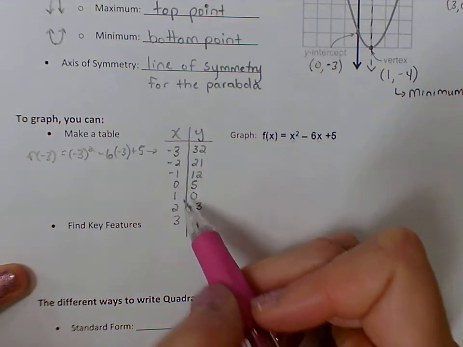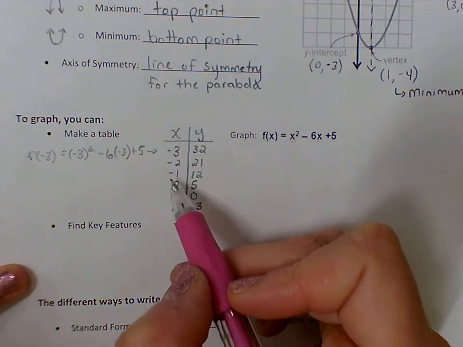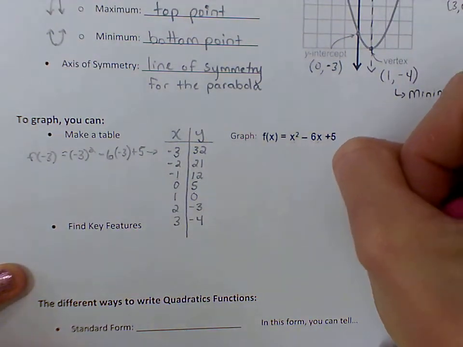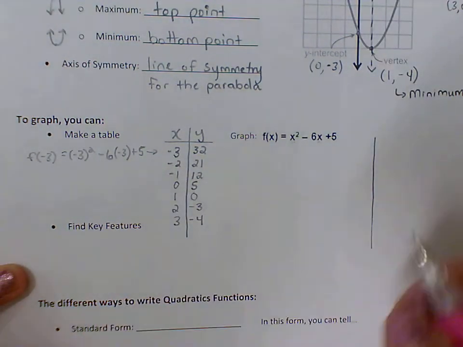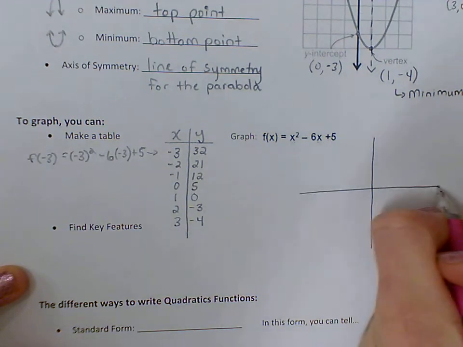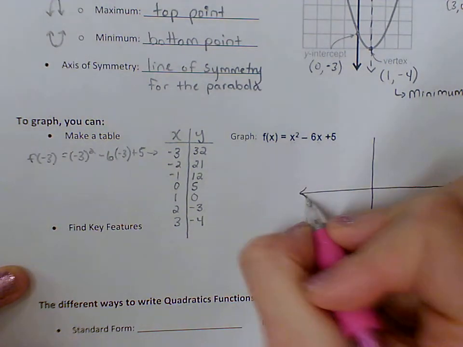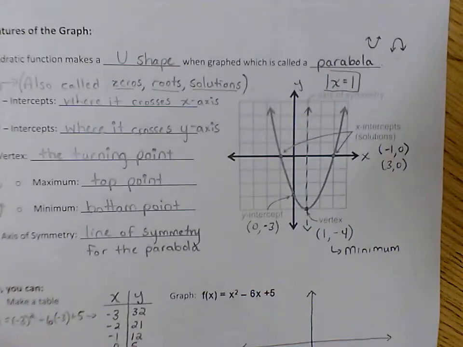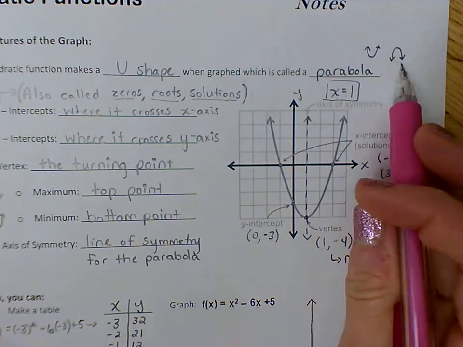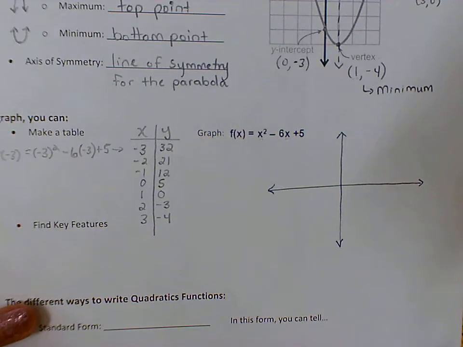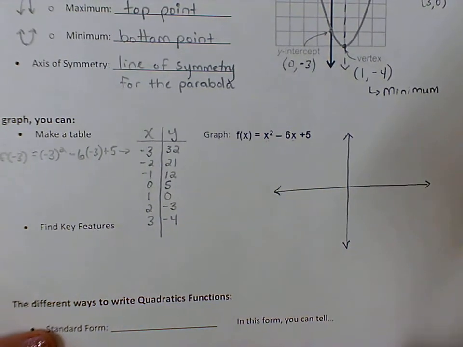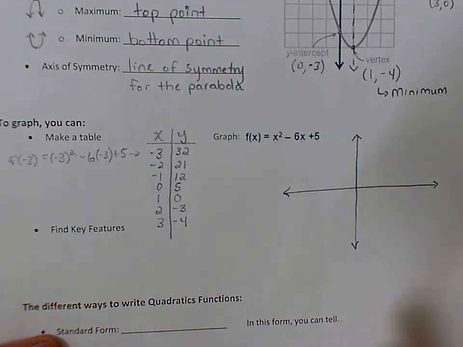And so I'm probably going to try to squeeze this -1, 12 on my graph, and then if I need to plug in more x values to get a better picture of what's going on, I can. But remember, because this is a quadratic function, it should end up looking like a U shape on my graph. So if you don't see the U shape by the time that you've graphed these, then you probably need to plug in more x values to see what it looks like, okay?